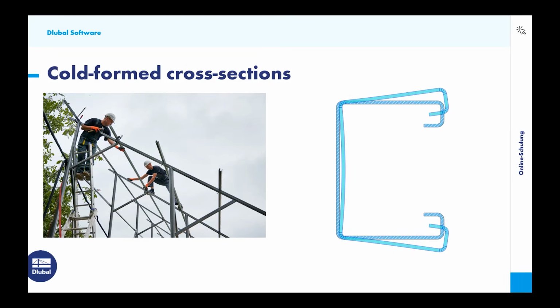So here in the picture you see an illustration about cold formed sections and how the buckling of such a cross section could be. So if it's really thin, the compressed parts will go out of plane and cannot hold the state, and if the section changes its shape, it cannot carry the load.